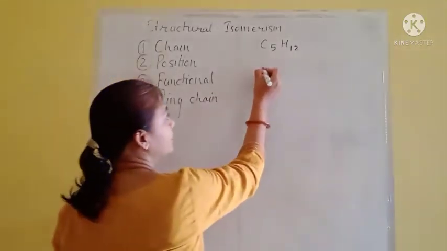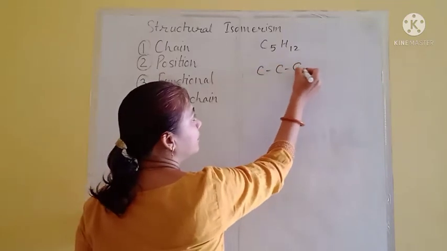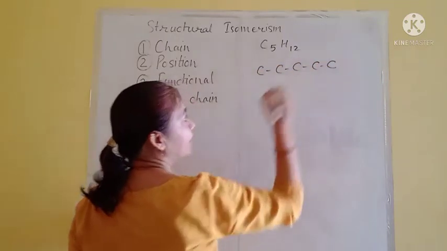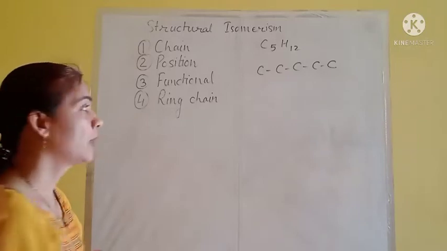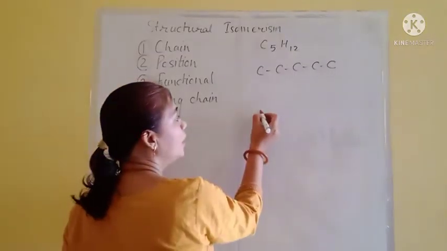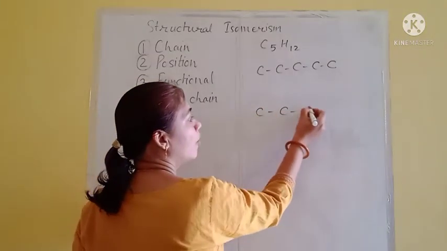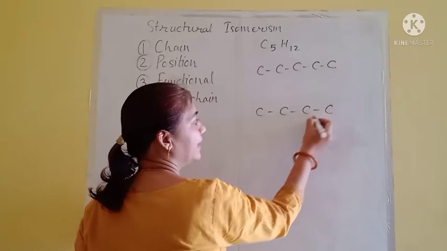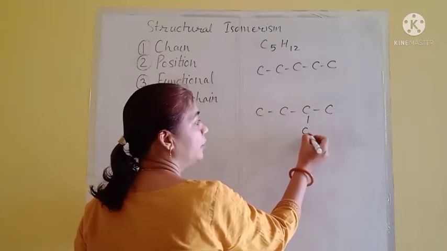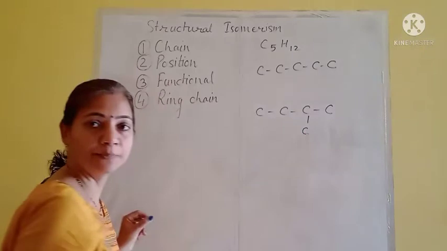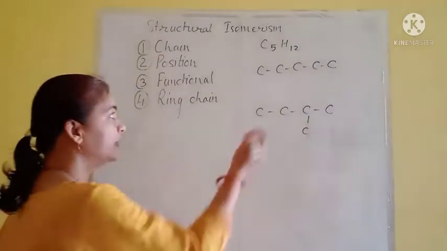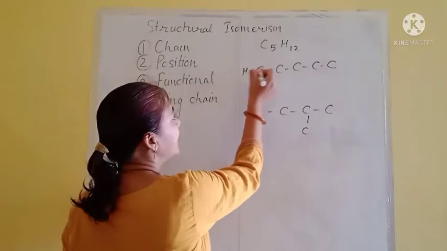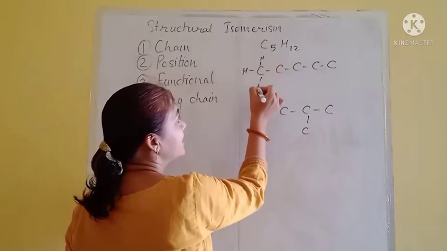Like you can put the 5 carbon chain like this, or you can put 4 of them like this, and one you can put it over here. All other valencies will be satisfied with hydrogen as such.